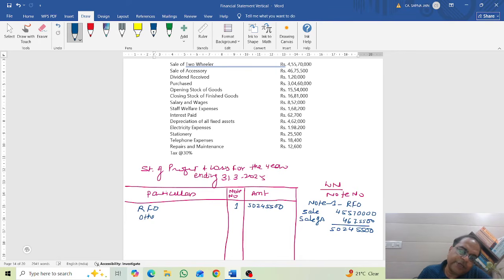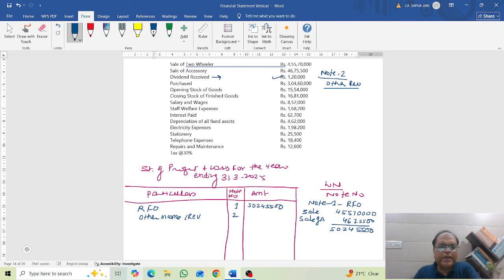Next, calculate other income or other revenue. So now prepare note number 2 for other revenue. And other revenue includes only 1,20,000 dividend received.